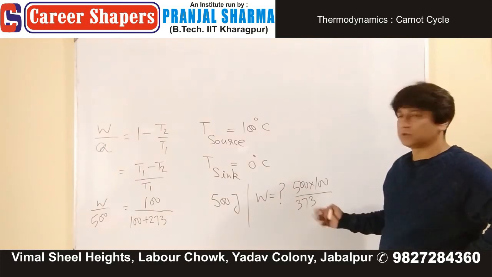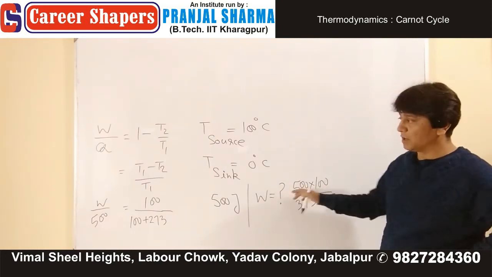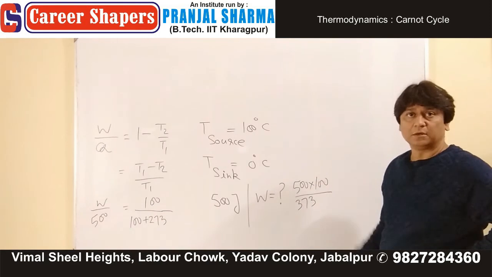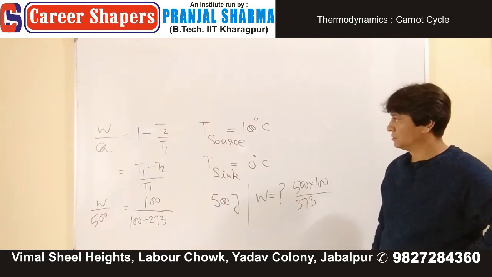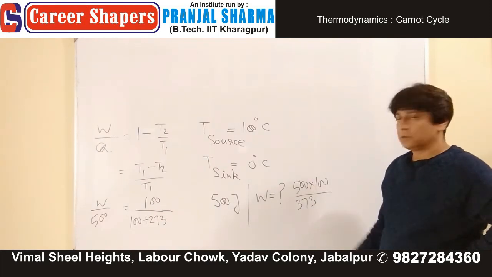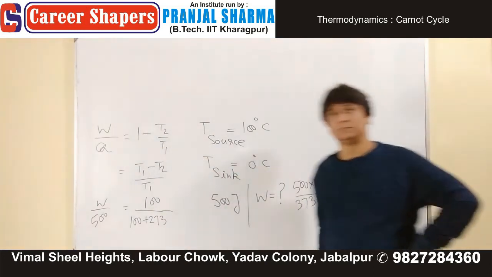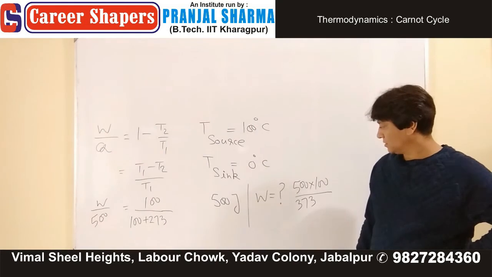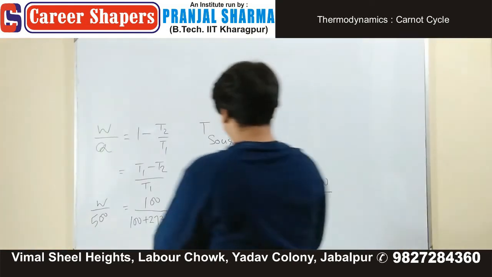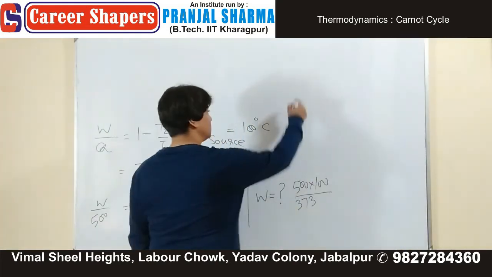Whatever this number is, solve it and you get the work done by the process. कुछ खास नहीं करना है, सीधा formula and you can find it. That's it. How much do you understand? Write down the next question.